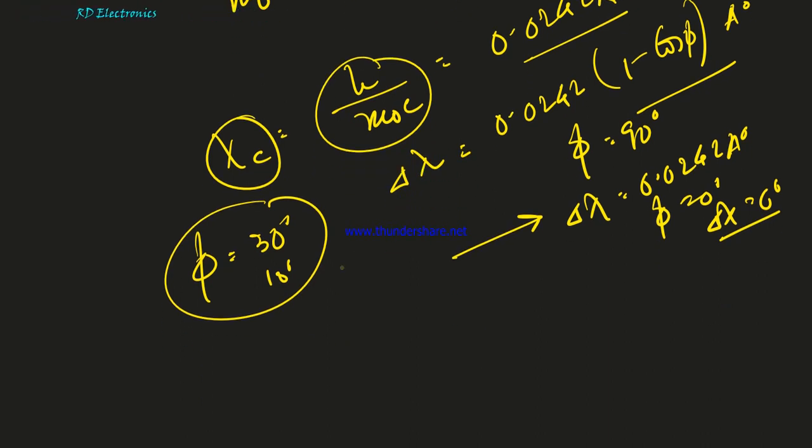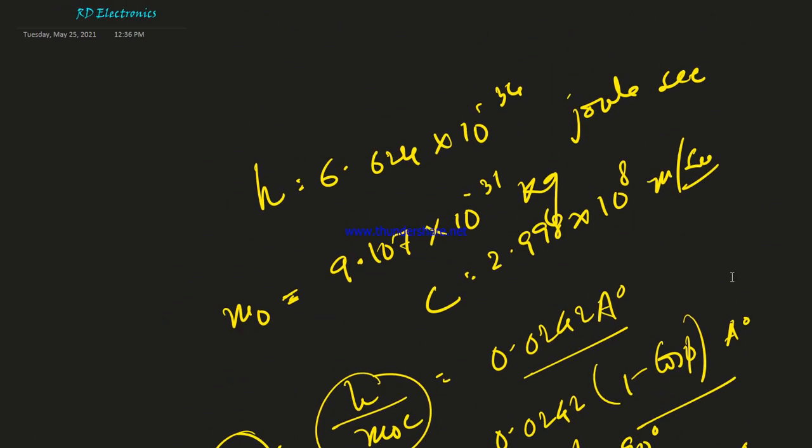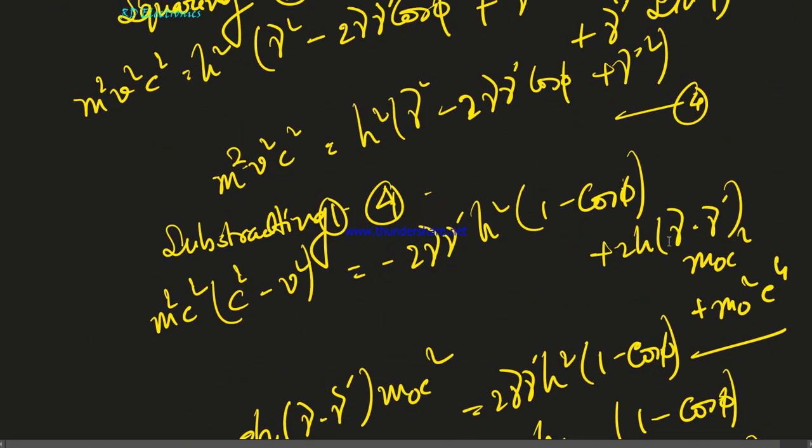Now we plot a chart of phi versus delta lambda. From 0 degrees, 10 degrees, 20 degrees up to 90 degrees, several different shifts in wavelength are shown by this Compton experiment.